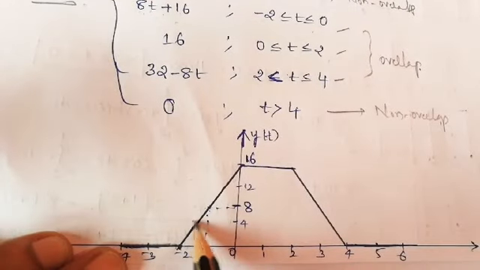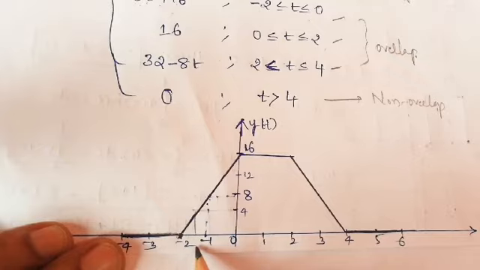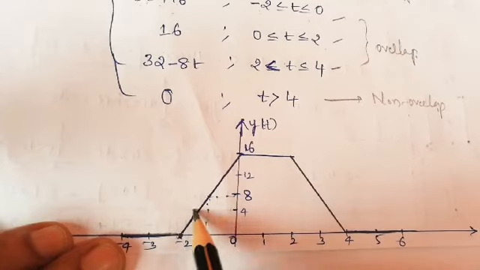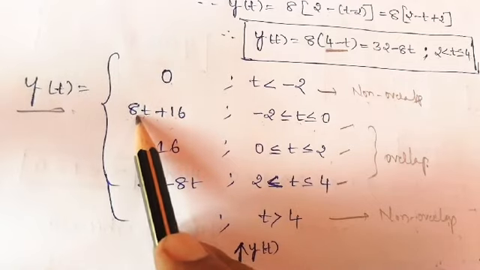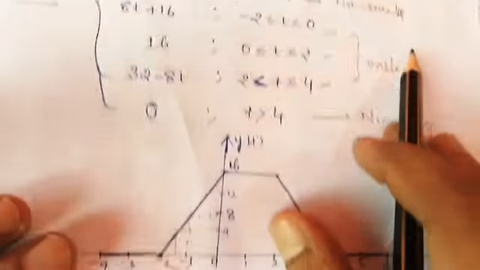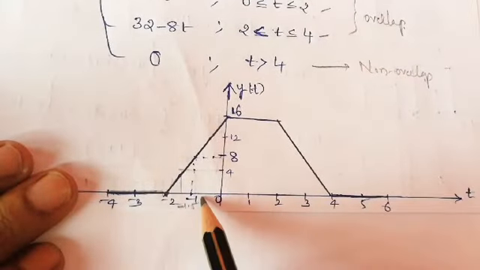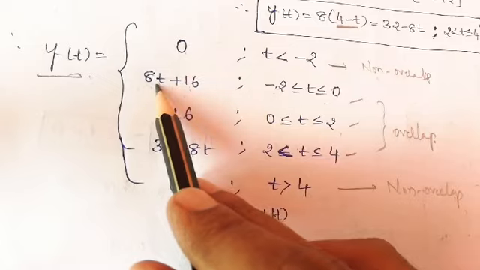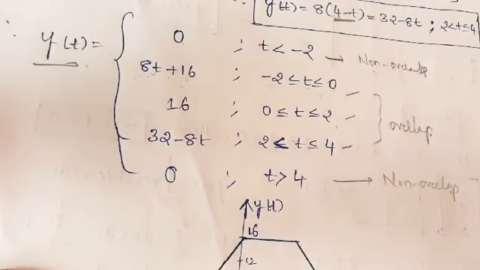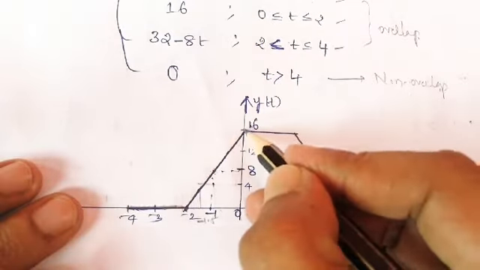At minus 1.5 we are getting 4. Next t equals minus 1: 8 into minus 1 is minus 8, plus 16 is 8. At t equals minus 1 it is 8. Next t equals 0: 8 into 0 is 0, plus 16 is 16. At 0 we have 16.